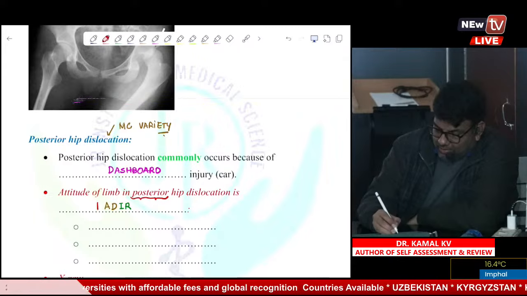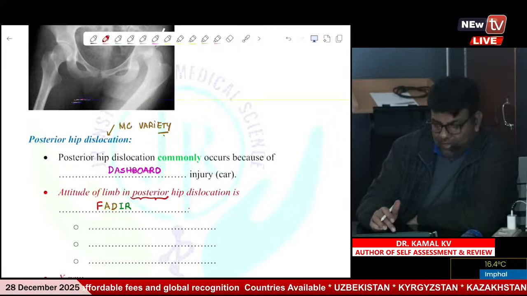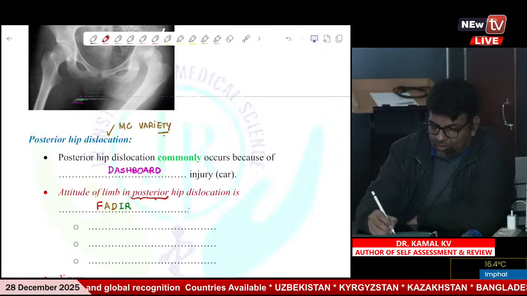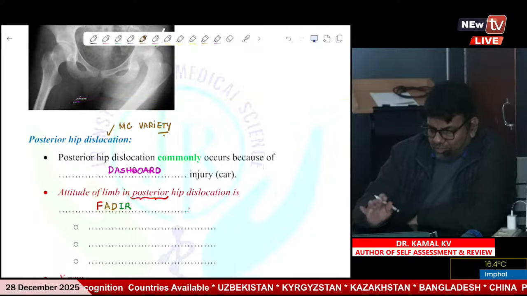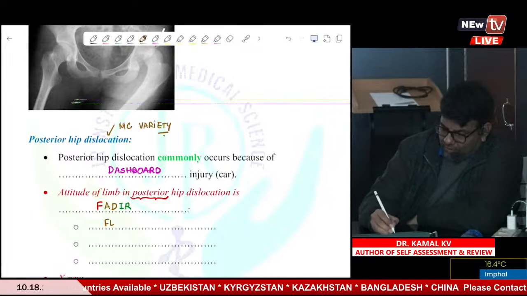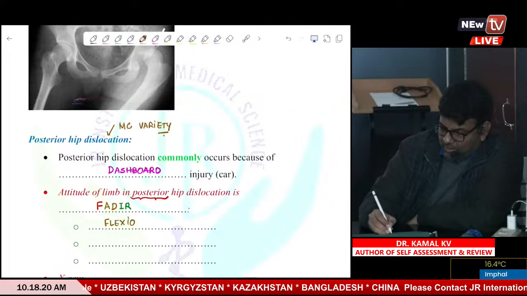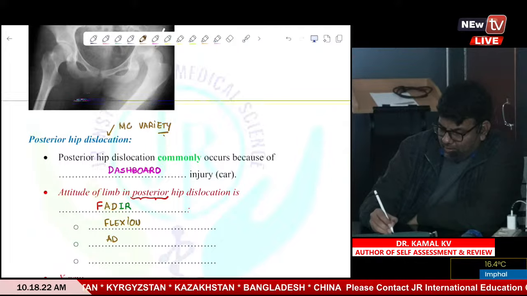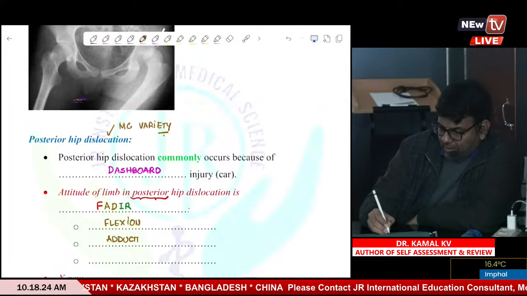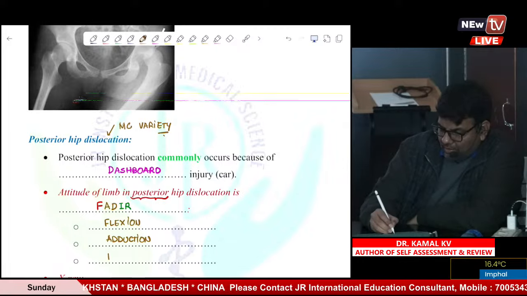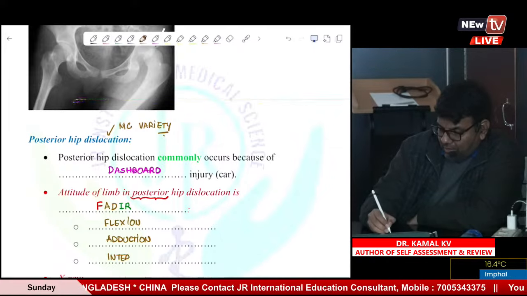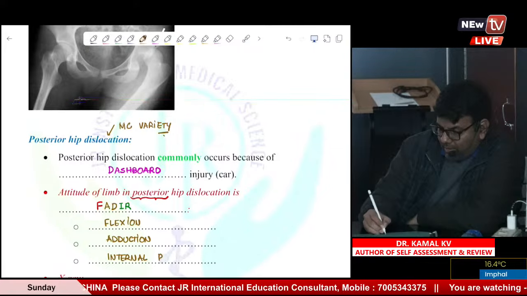Here you can write flexion, adduction, internal rotation. So almost it is the same. F for flexion, AD for adduction, and I for internal rotation. So remember FADIR.